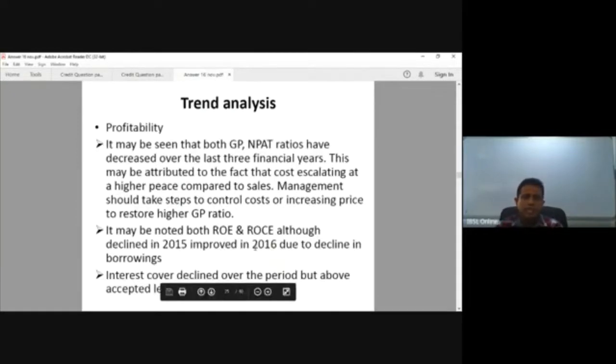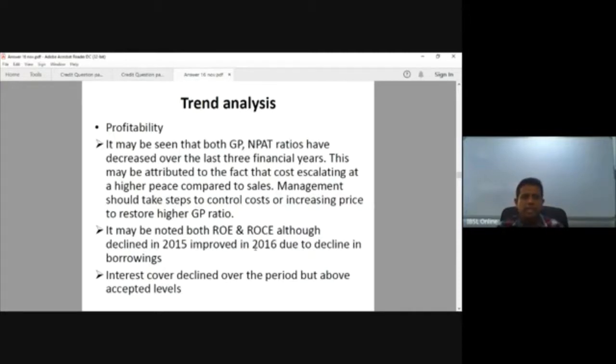It may be seen that both GP and NP ratios have decreased over the last 3 financial years. This may be attributable to the fact that cost is escalating at a higher pace compared to sales. Compared to sales, the company's cost is escalating or increasing.